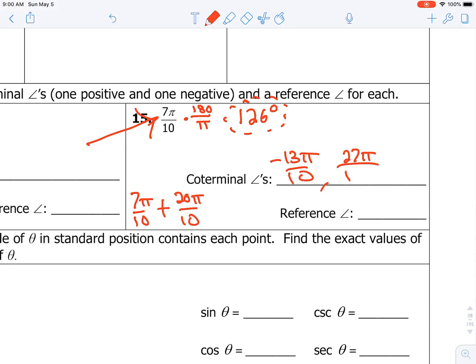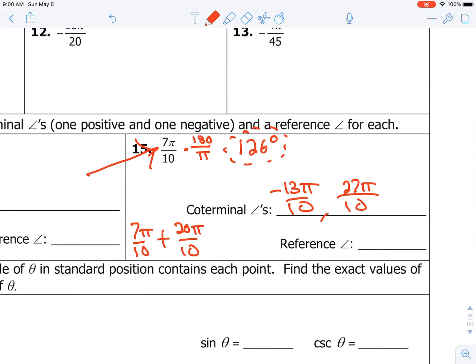And then our reference angle, so here, got to picture 126, okay? Picture the 126 coming out like this, and it's coming up here. So what does that make this angle here? That would make this angle 54 degrees. Okay, but this problem is presented in radians.